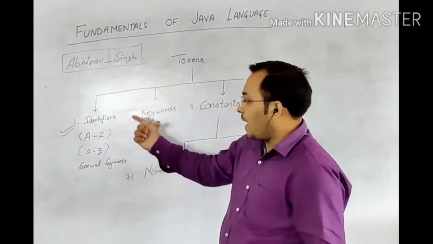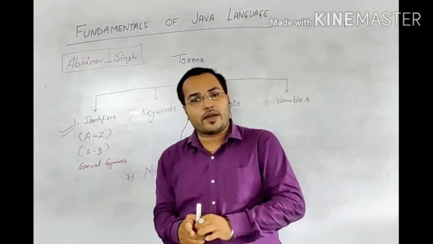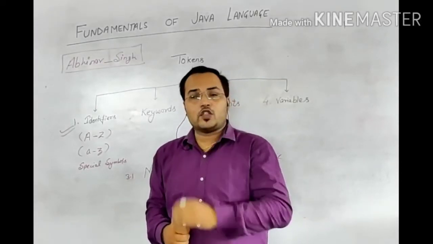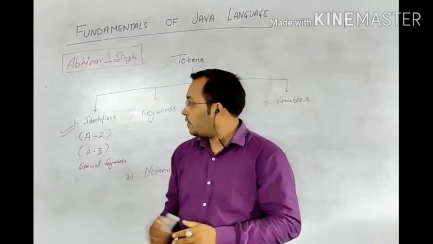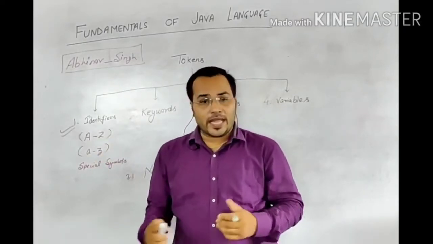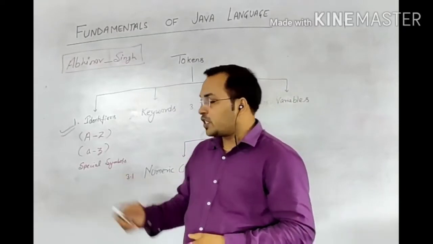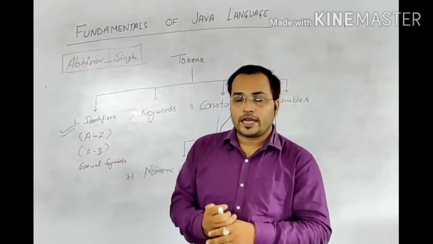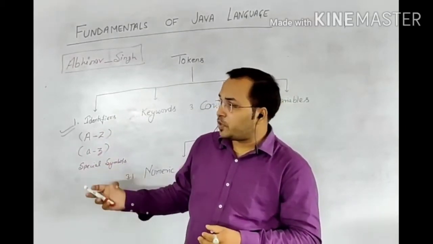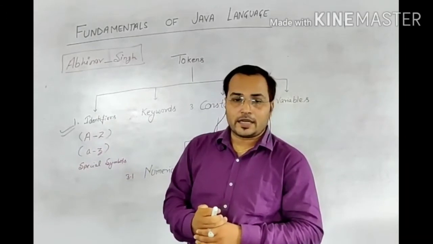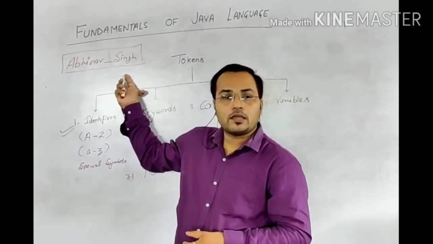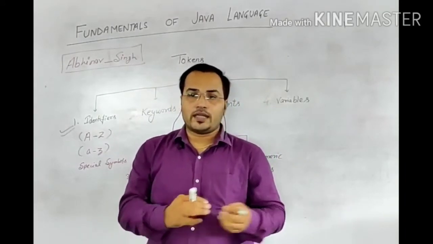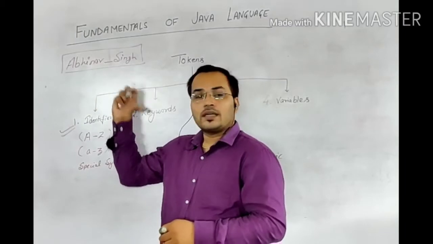What is an identifier? An identifier is basically used to give a name to a file or class. Then capital A to Z, small a to z, and special symbols can be used to create an identifier, that means the name. Then it can be of any size. That means there is no limitation of size, so you can give your own size. You can give your whole family name to a class.